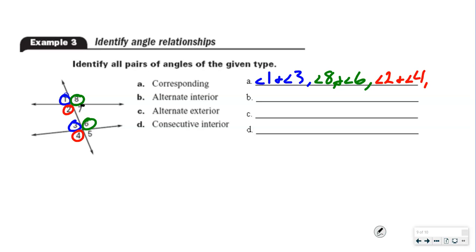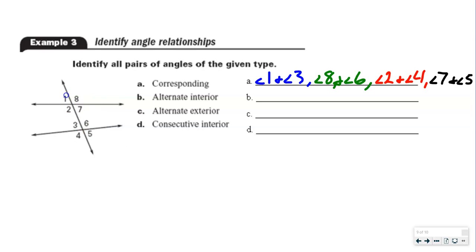And 7 and 5. Those are all of our corresponding angle pairs. And they are in pairs. 1 and 3 match up together, 2 and 4, 8 and 6, 7 and 5.